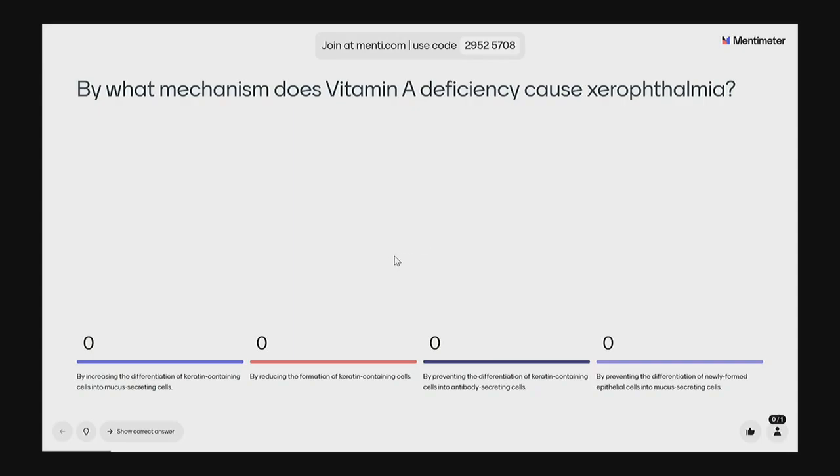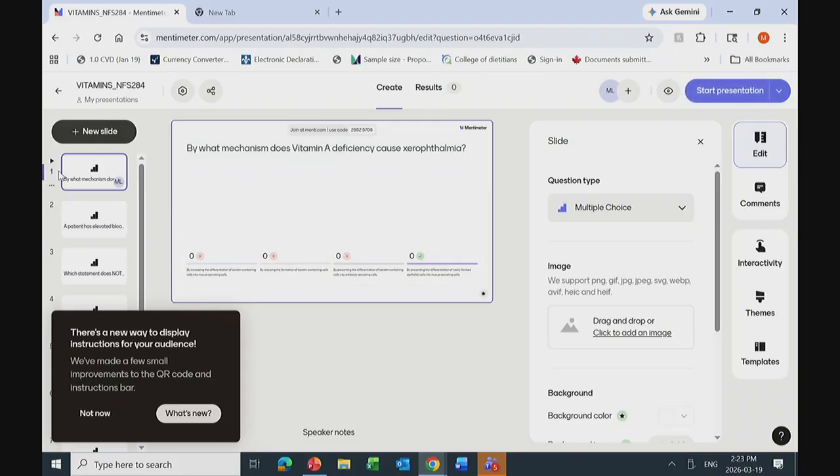Let me just make sure I'm at the beginning of the slides so we can go through all of them.